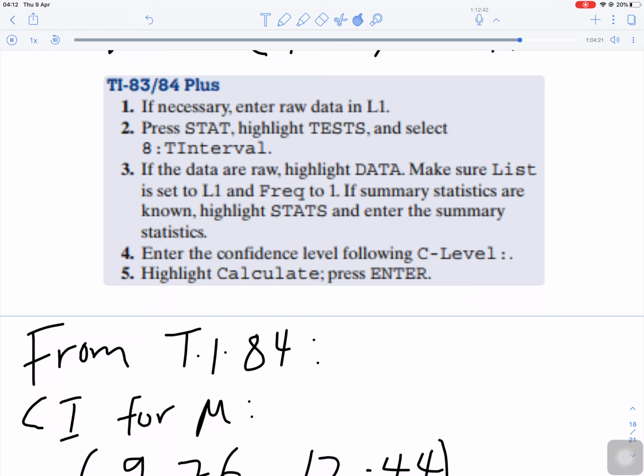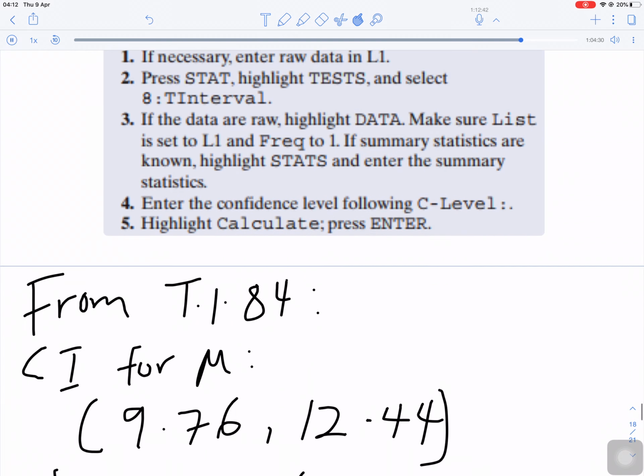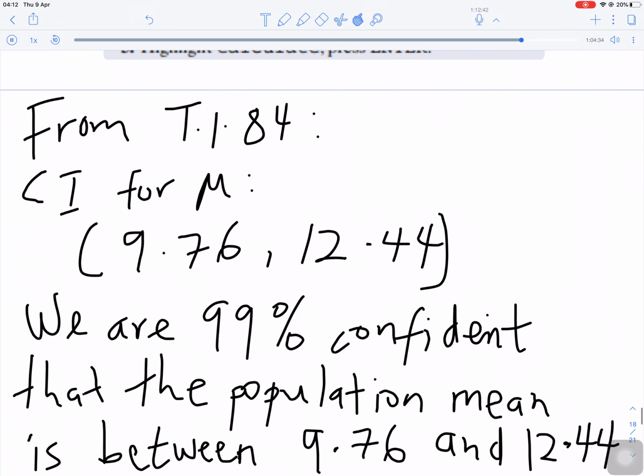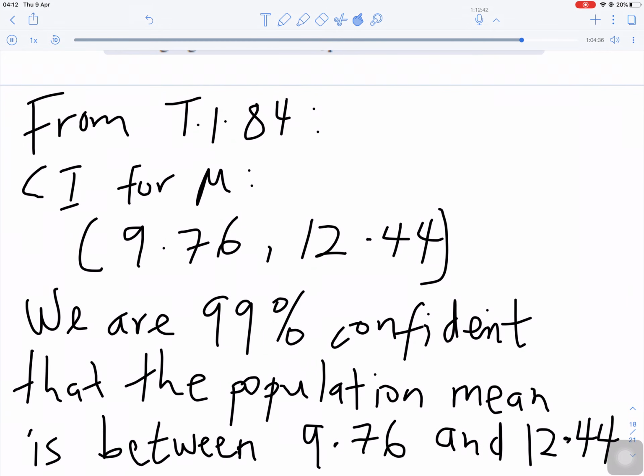Assuming we had the outcomes for a certain number of observations, then we would have done Data. But we have Stats, so you highlight Stats, and then you enter the summary statistics. You enter your mean x bar, the standard deviation s, and then the sample size n.